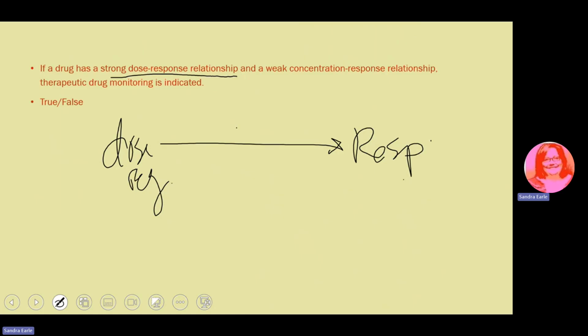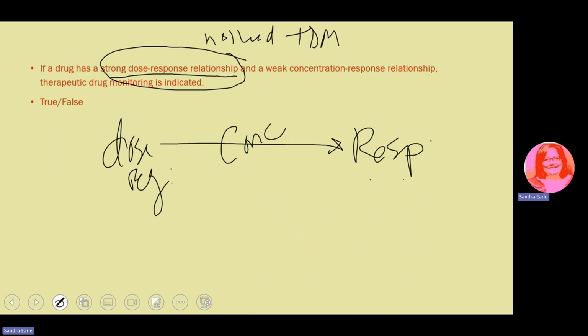So we ended up having this intermediary of a concentration. And if it's a strong dose response relationship, there's no need for therapeutic drug monitoring, right? Because we can give the same dosing regimen to everybody and they get the same response. So if that's happened, then TDM is out.